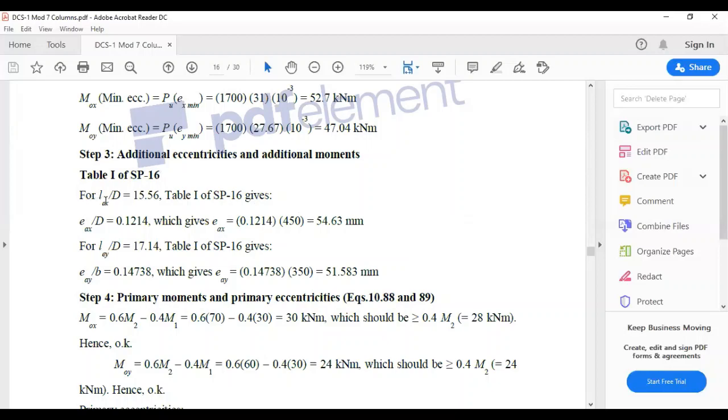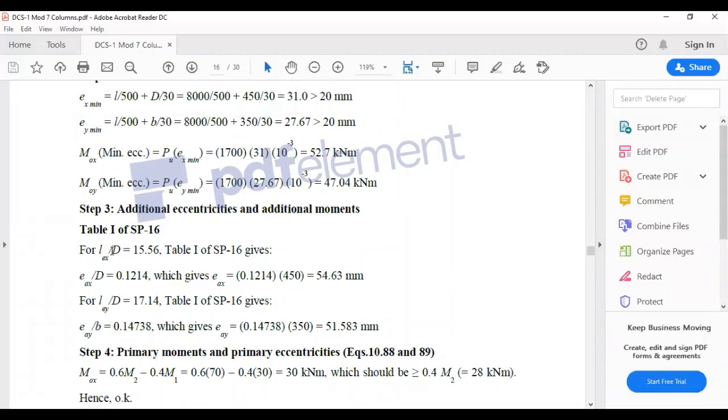For the value of LEX upon D, which gives 15.56, table 1 of SP16 gives EAX upon D as 0.1214, which means the value of EAX is D is given 450, and this value is given in the table itself. So from this we will find the value of EAX, which comes out to be 54.63 mm.